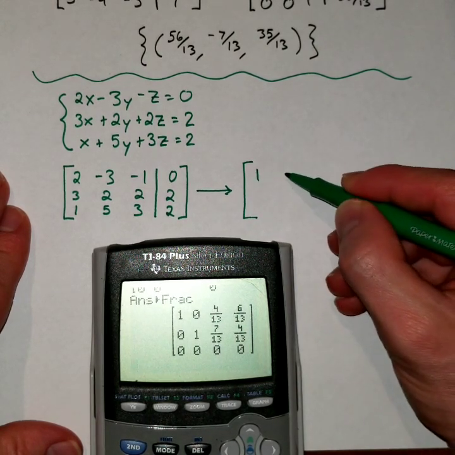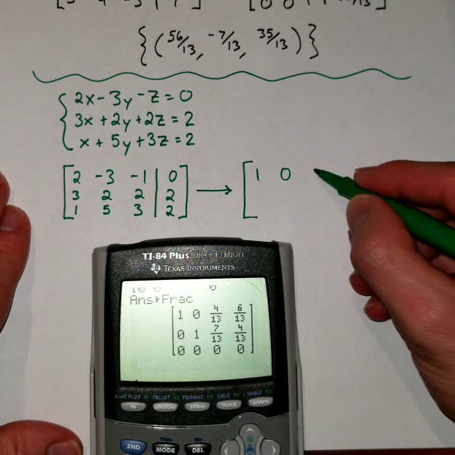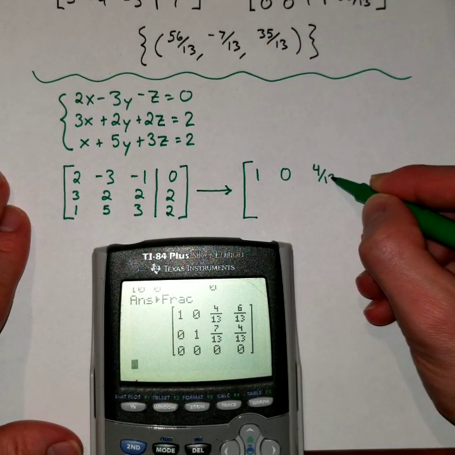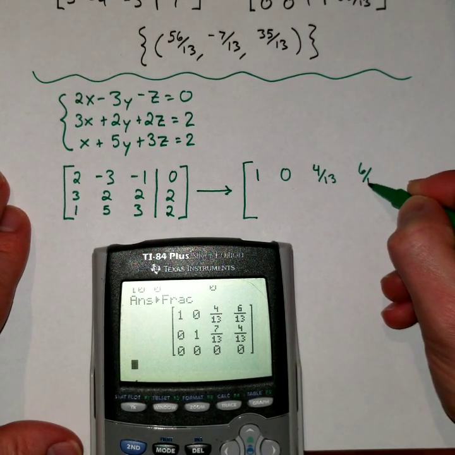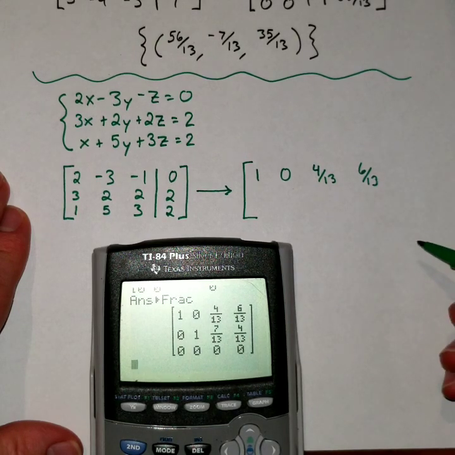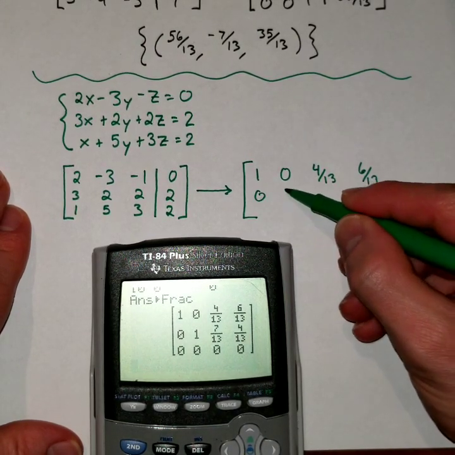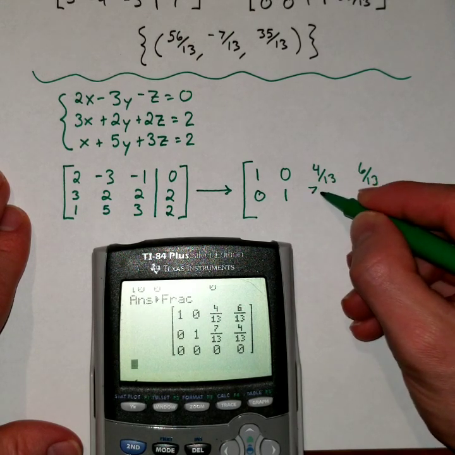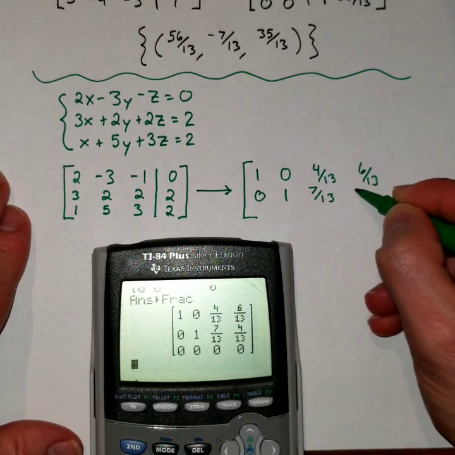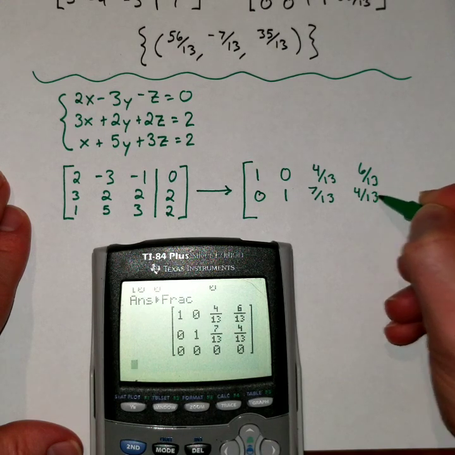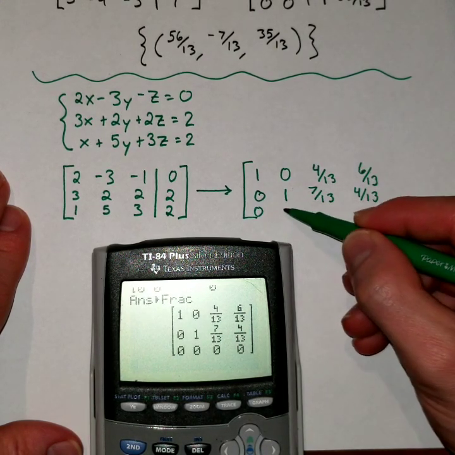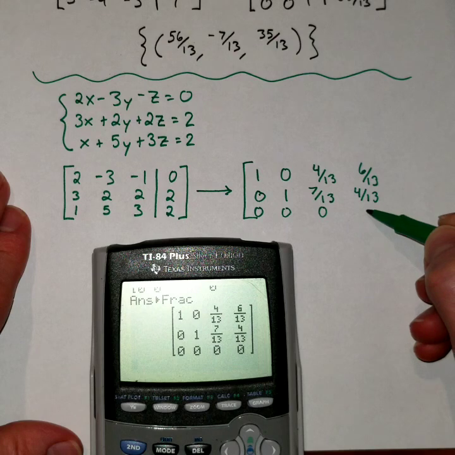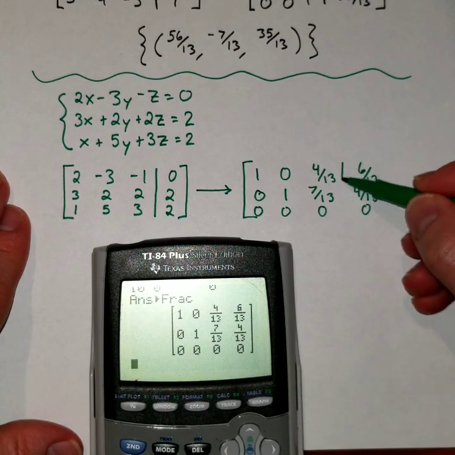It's going to be 1, 0, and now I've got a weird situation here. I've got 4/13 and then 6/13. Then I've got 0, 1, that's a 0, then 7/13 and 4/13, and then I've got 0, 0, 0, and 0.